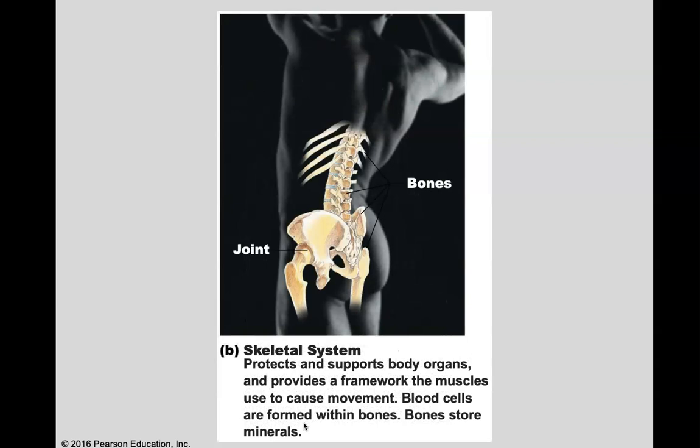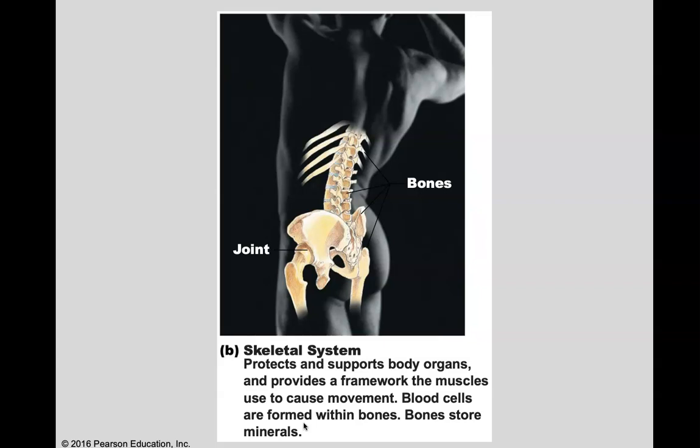Then we have the skeletal system. When you think of the skeletal system, you probably think of protection, support, framework. Those are the big words that should clue you into the skeletal system. It protects, like the rib cage protects things like the lungs and the heart. It also supports body organs, as well as provides the framework by which we can move our body.